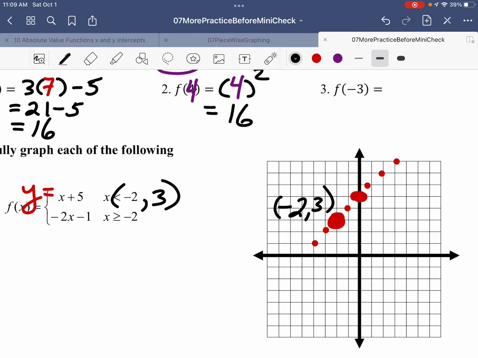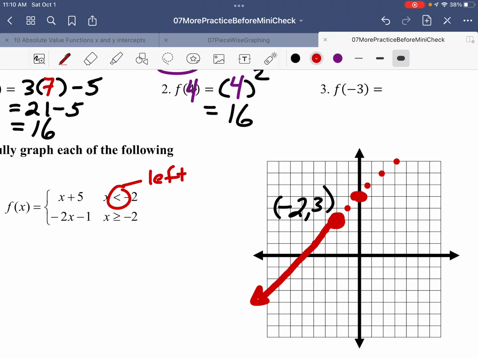And now what I want to do is I want to use that endpoint or starting point, whichever you prefer, and think about the less side. The less side is the left side of that point. And the left side of that point would be the side that goes in this direction, which means that I really don't need the rest of these lightly sketched points so that I can have my first piece of my graph. It's supposed to be an open circle, right? Because it's just a plain less than. I didn't have an equal sign.